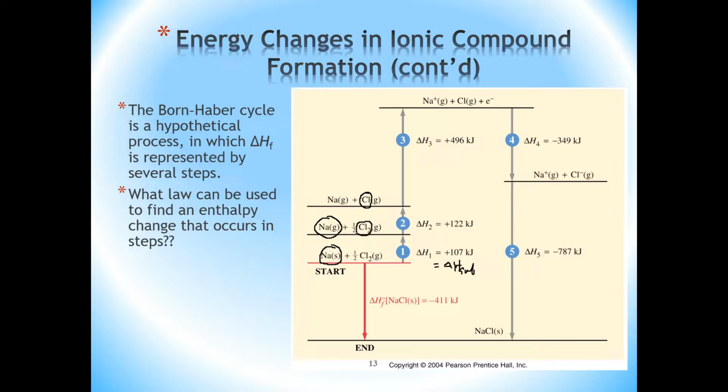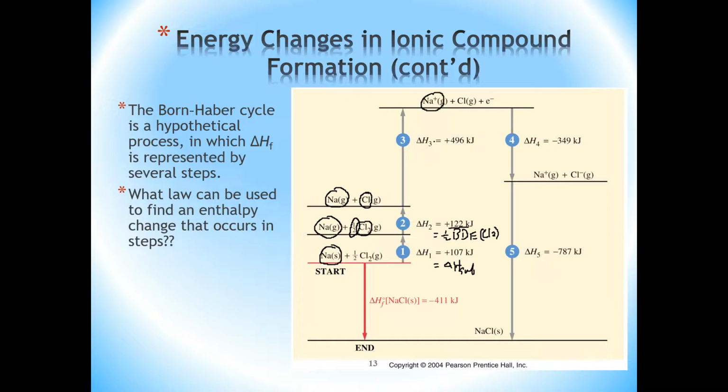Now, in the case of this example here, you'll notice that there's a coefficient of half here, right? So therefore, the enthalpy change here would be half the bond dissociation energy of chlorine, all right? And that would be equal to 122 kilojoules here. The next step is where the sodium gaseous atoms are converted to sodium gaseous ions.